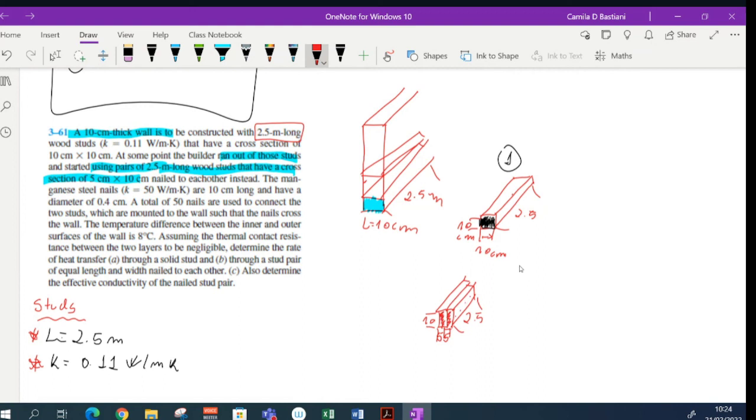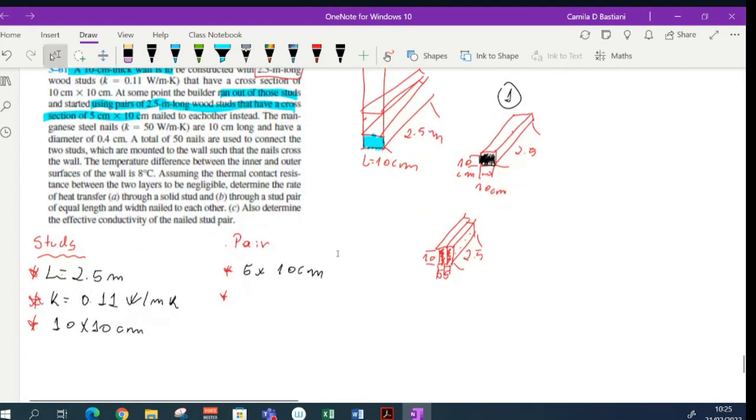And here are my nails. I'm going to put here my pairs. Here I have studs of 10 by 10. And now I have pairs of 5 by 10 centimeters. But to put them together, he needs to nail those studs, and he's using magnesium steel nails, okay, to put those studs together.